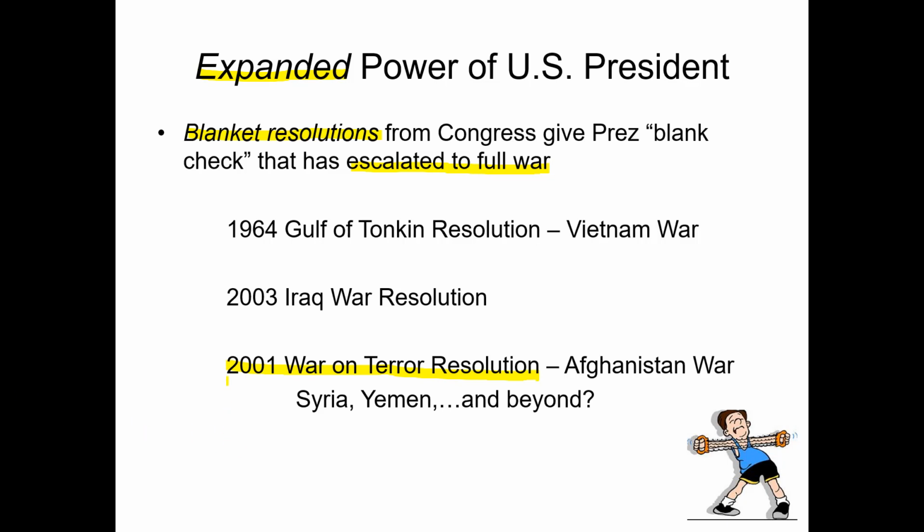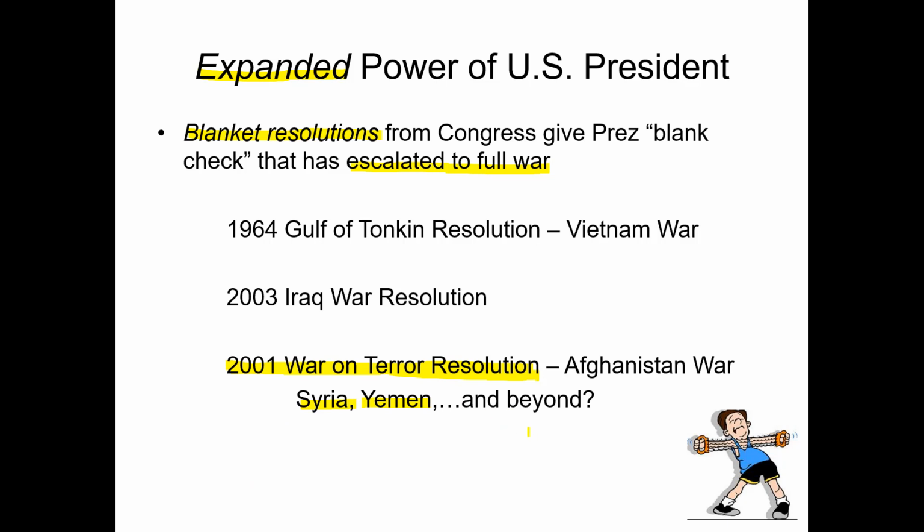And because of the reluctance of Congress to go back and look at these conflicts and perhaps come up with new resolutions, 3 presidents now have actually used this same War on Terror resolution to look at other conflicts such as Syria and Yemen and potentially some others.